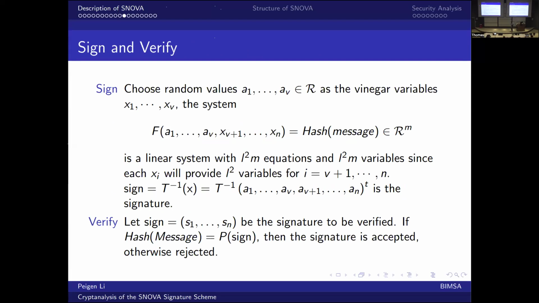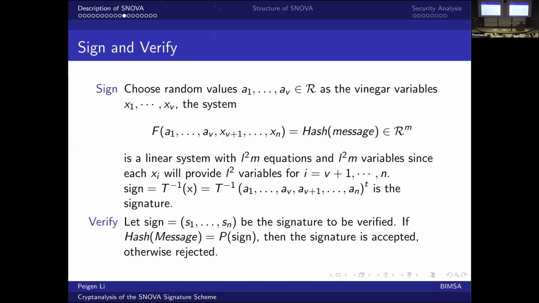Now signing is very easy. We just choose random values a1 to av belonging to R as vinegar variables. Then the system associated with the central map becomes a linear system with L squared m equations and L squared m variables.